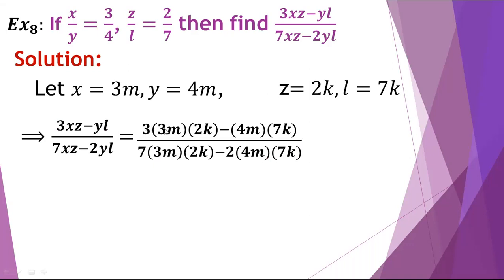3 times 3m times 2k, 3 times 3 equals 9, and 9 times 2 equals 18, and put m and k.